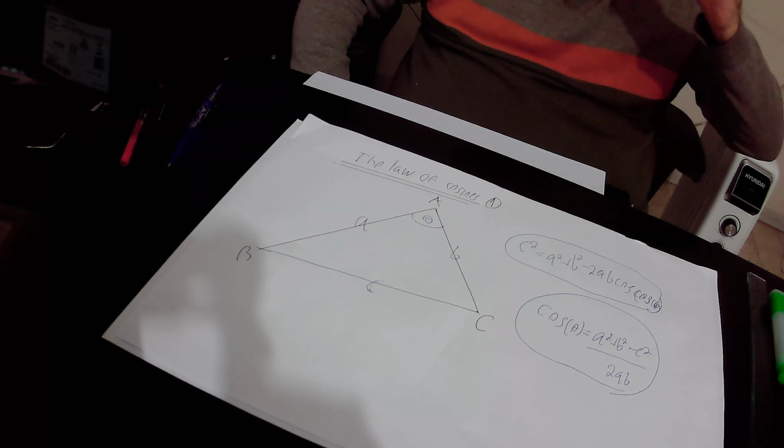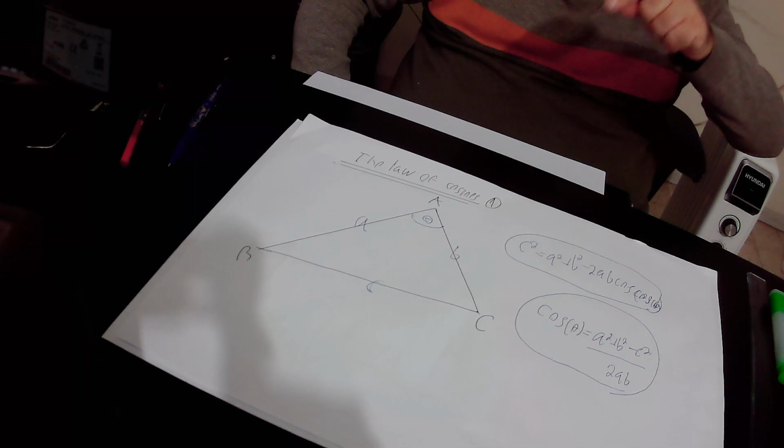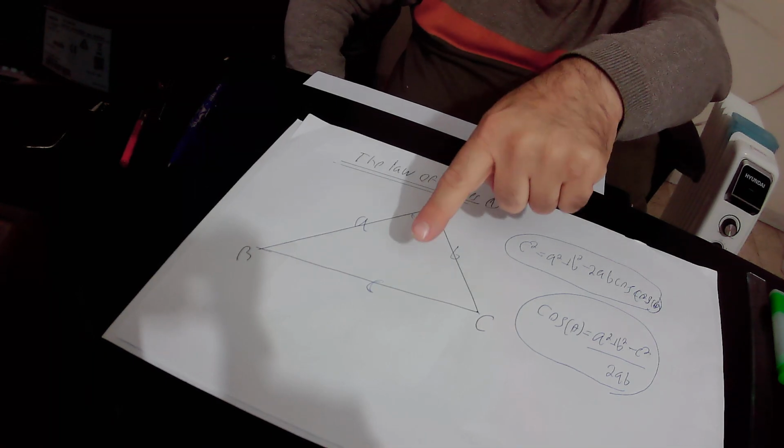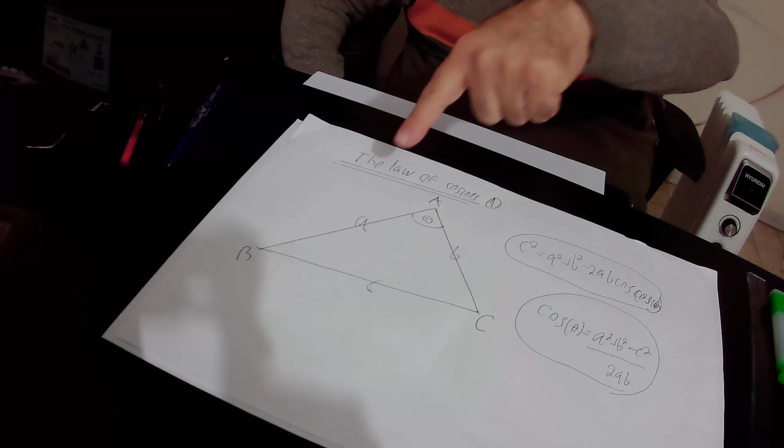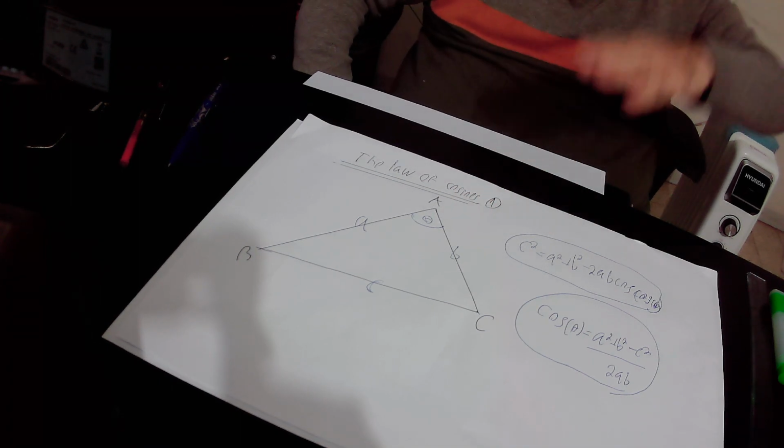Then, according to the law of cosines, the following equation is true: C squared equals A squared plus B squared minus 2 times A times B times cosine theta.